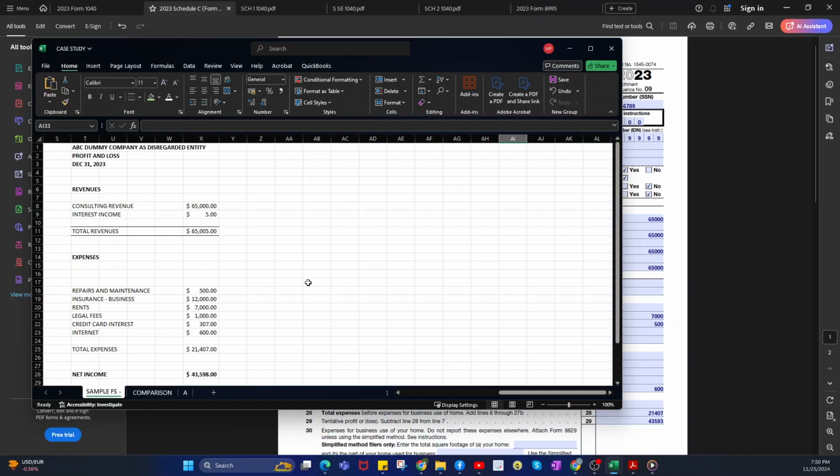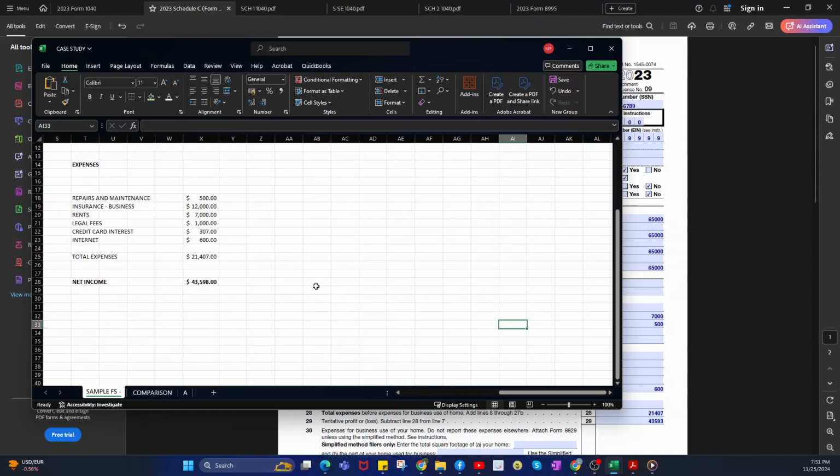If you have equipment, you can opt for the bonus depreciation. So things like that. In this case, I just simplified. I have itemized all the expenses here from repairs, insurance, rent, legal fees, interest, credit card interest, and even the internet.